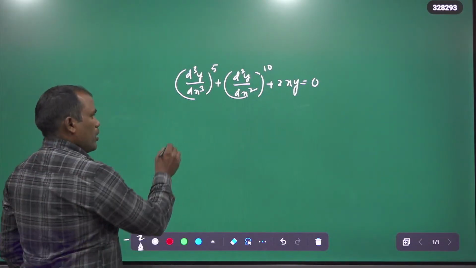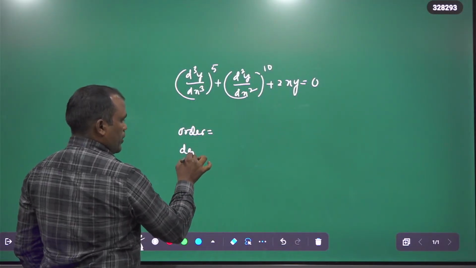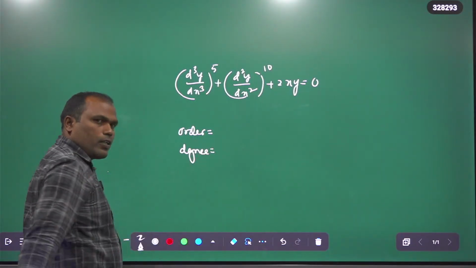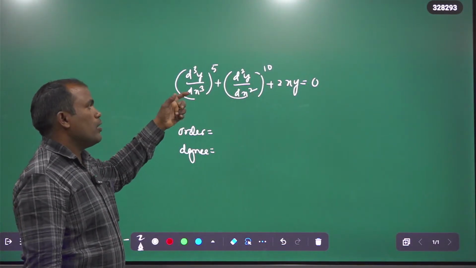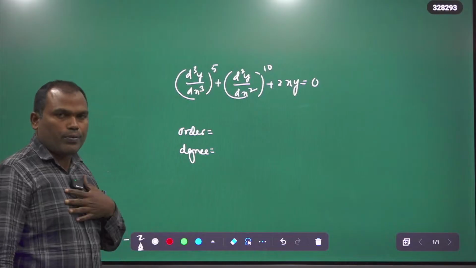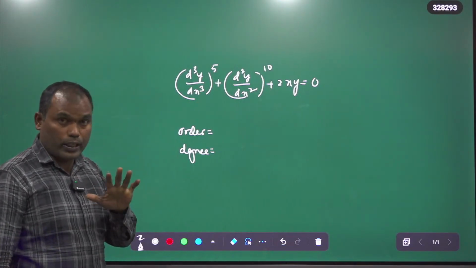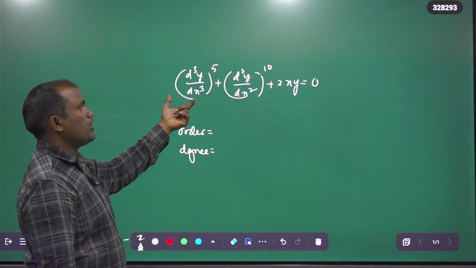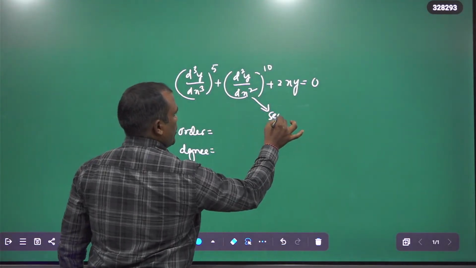See, now first we should calculate the order and degree. Listen carefully here. A differential equation is given, and order and degree are asked. First we should observe the highest derivative. First of all, we should identify the highest derivative.